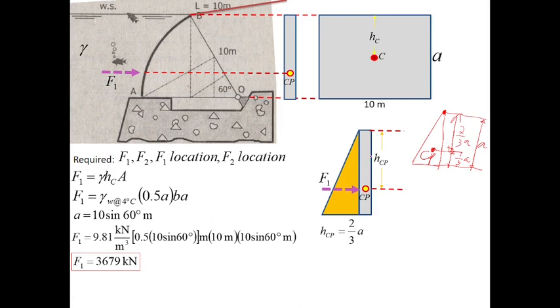Kahit hindi na tayo gumamit ng E equals IXC over HCA, pwede naman gamitin to, pero ito yung shortcut. Kapag ang water surface ay kapantay o ka-level yung top part ng ating gate, pwede natin gamitin yung shortcut na HCP equals 2/3 A.